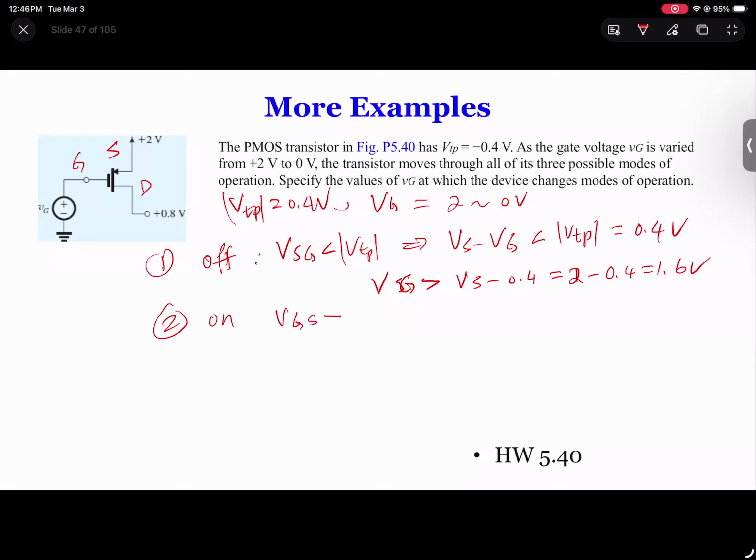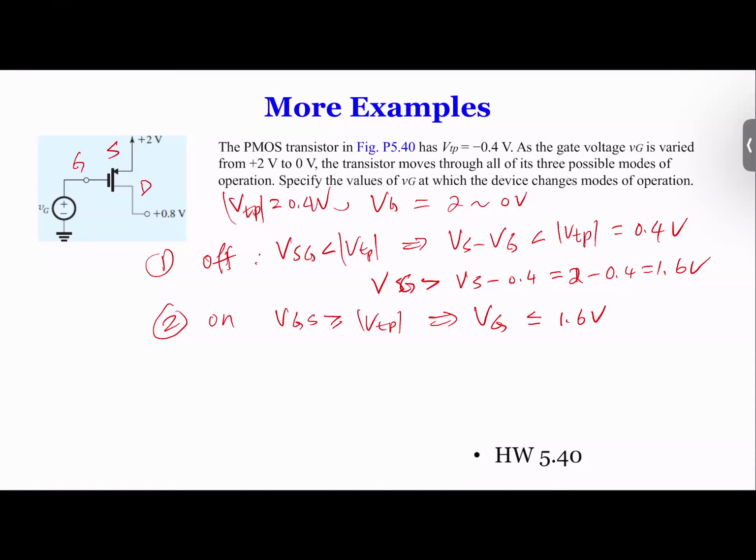Now it's on, VSG has to be larger than VTP, but from the previous section, we already know that VG has to be less than that. Then we have a triode mode, and then 2.2 will have saturation mode.